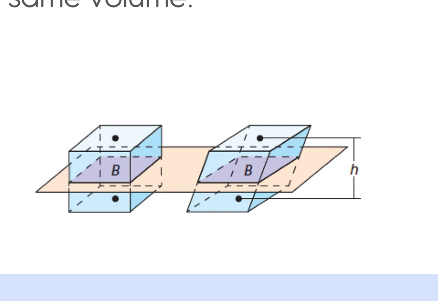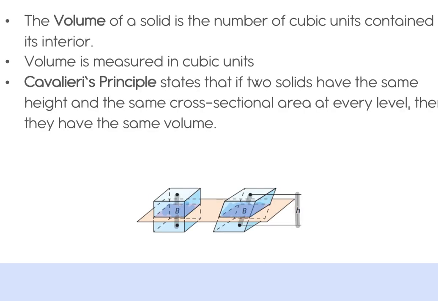If I look at their heights, which is top to bottom in this case, but it has to be a right angle, so that's why it's drawn out on the right-hand side for the slanted one. If those heights are the same, and if I found the area of the cross-section, remember the cross-section is what shape is made when you slice this with a plane. So on the left, it looks like a rectangle. On the right, it looks like a parallelogram. If those are the same, then the volume of these two are the same.